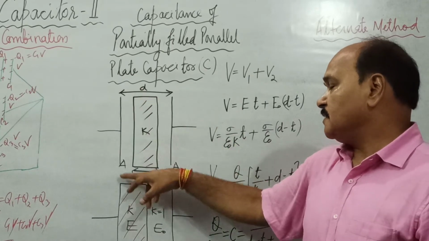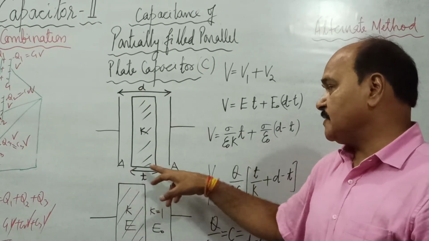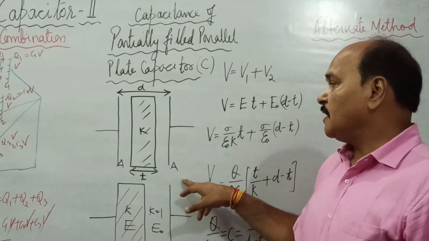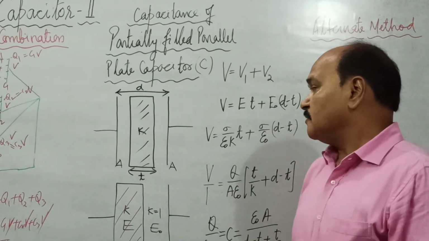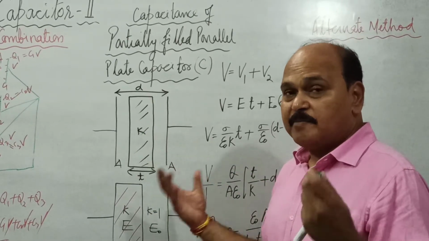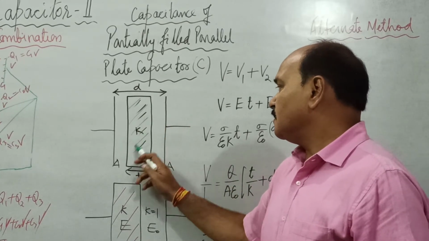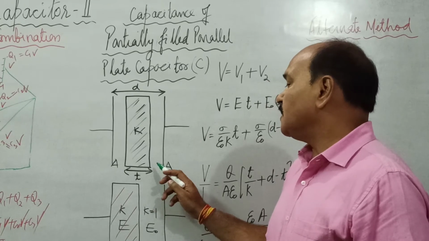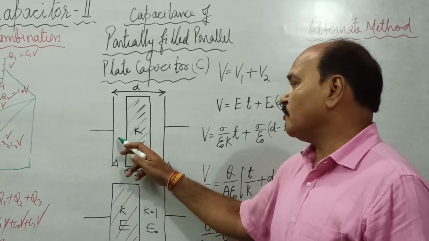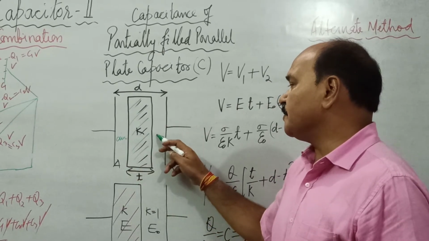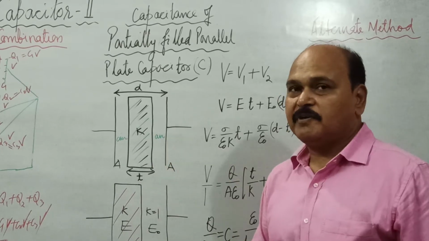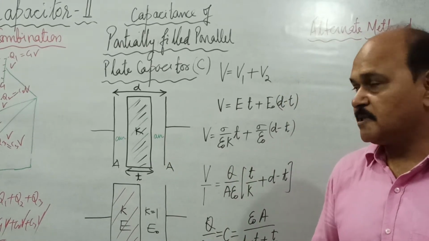So these are 2 plates of capacitor having surface area A each, and in between the 2 plates the whole space is neither empty nor completely filled. A part of the space from here to here, whose thickness is t, is filled with dielectric, and this is air or free space.